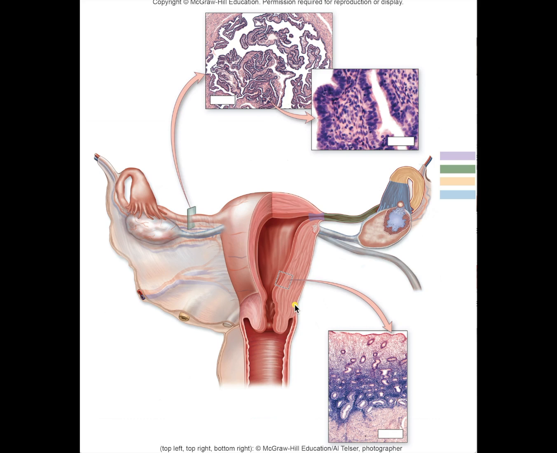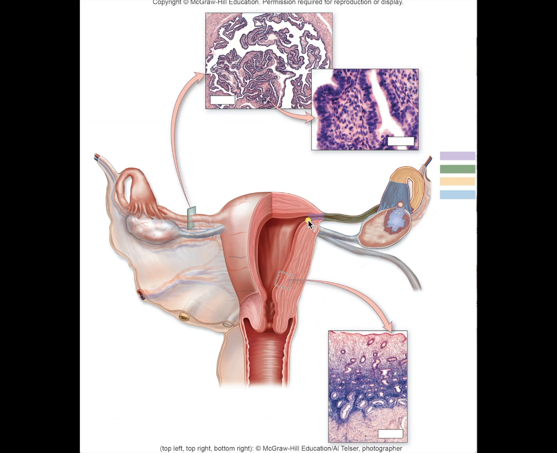So there are different layers of the wall of the uterus. The big muscular wall is called the myometrium, and the inner layer of the uterus is called the endometrium.